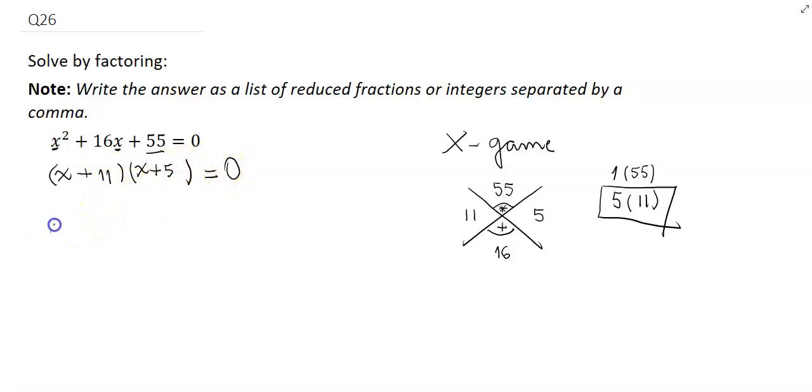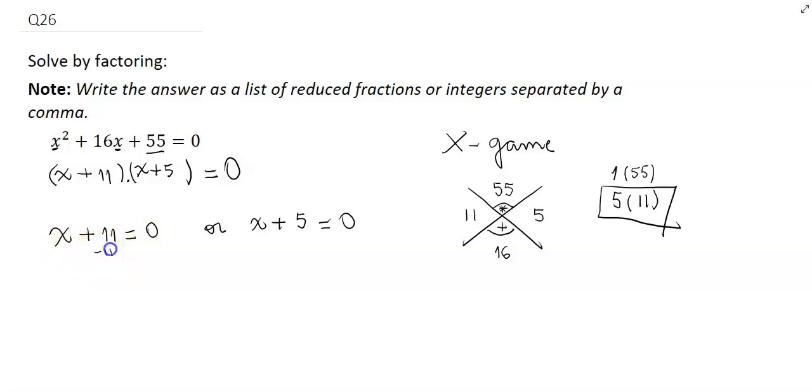Then I can break this down because this is a multiplication. I can say that x plus 11 must be 0 or x plus 5 must be 0 for the whole product to be 0. Then I know how to solve this simple equation.